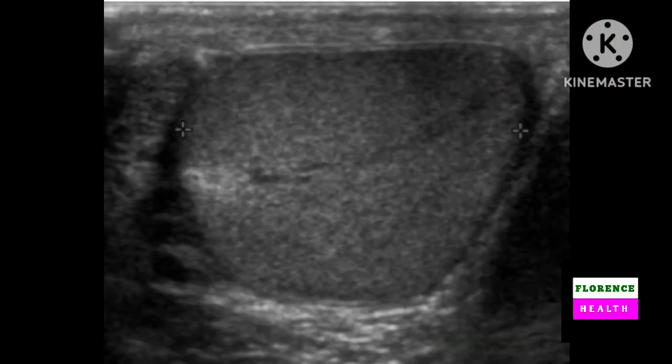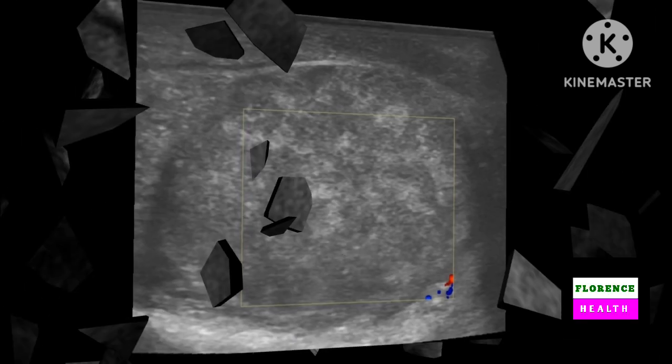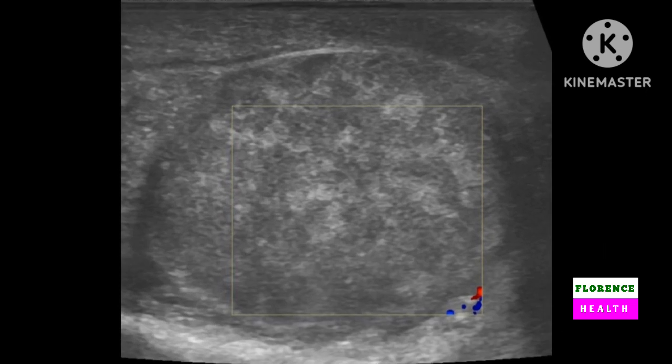This slide shows an ultrasound image of a testis with homogeneous echo texture, the same level of echo throughout the testis. This slide shows heterogeneous echo texture of the testis, as there are different levels of echo throughout the organ.